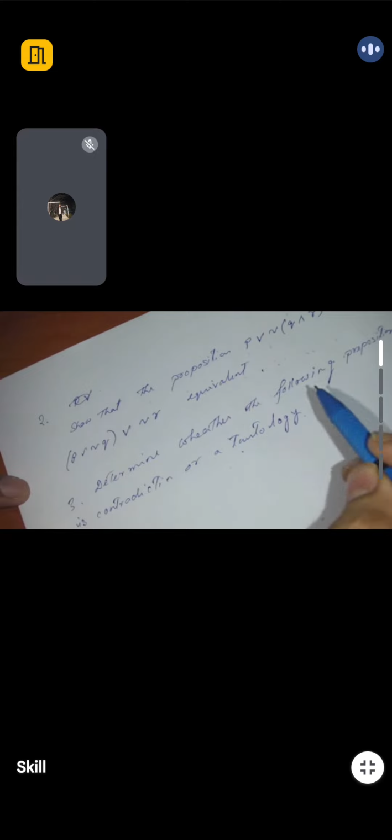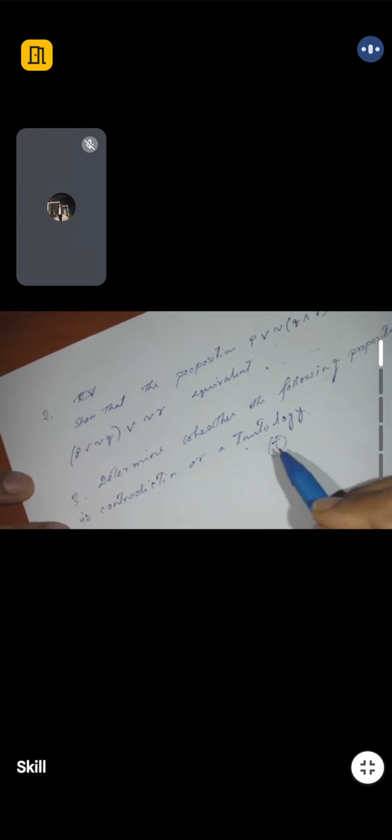Just remember, tautology means T is there, so all values should be true. And contradiction means if any one value on the right side of the truth table is false, then it is a contradiction.